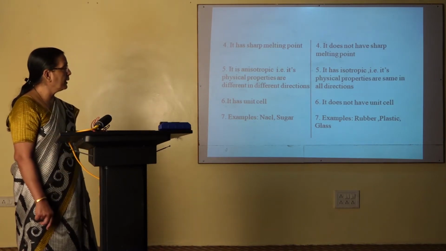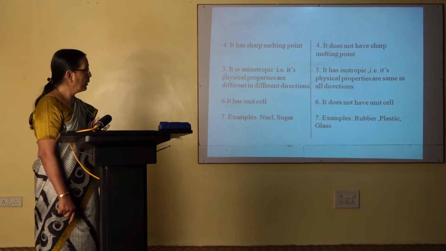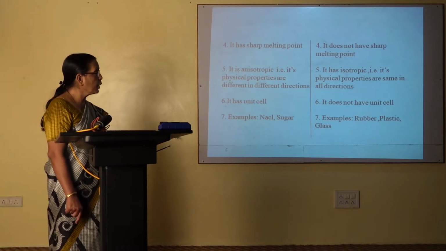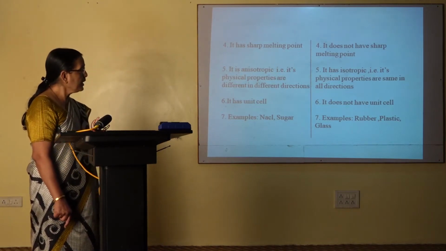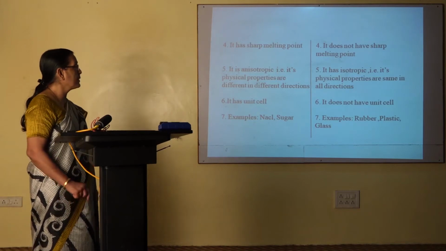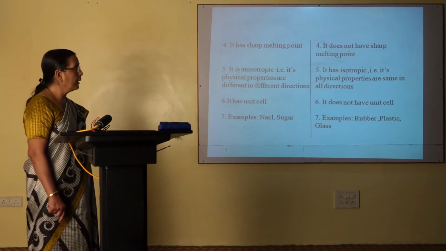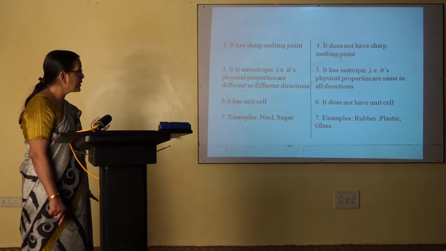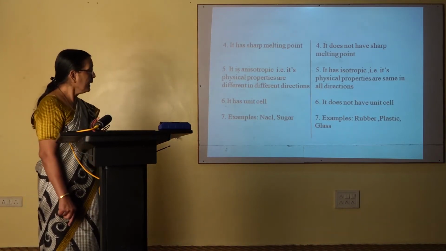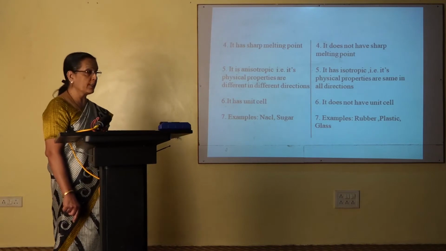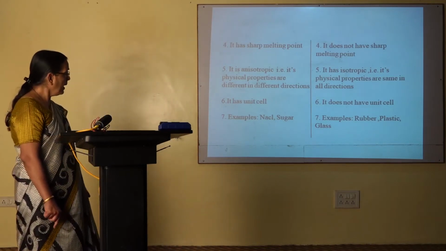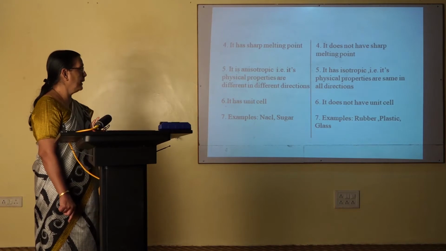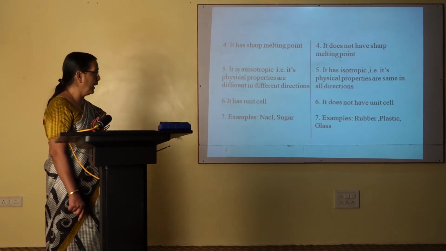The lattice may be defined as an infinite set of points repeated regularly through space. A lattice is classified in three ways: first, one-dimensional lattice, two-dimensional lattice and three-dimensional lattice.